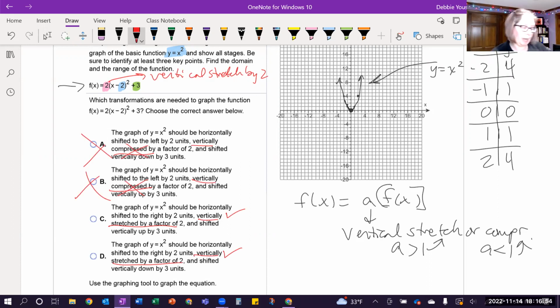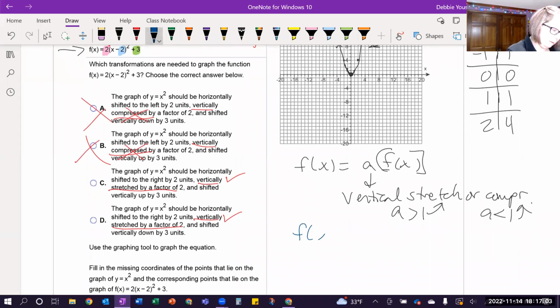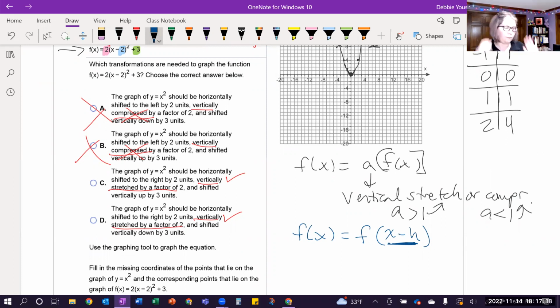Then I see that I've got x minus 2 in parentheses and then squared. So for that, if I have my function and inside the parentheses I have what we call x minus h, if I have something that's x minus and then this h value, that's telling me I have horizontal movement.